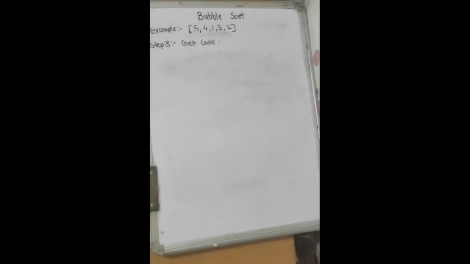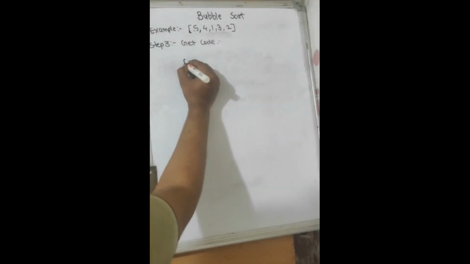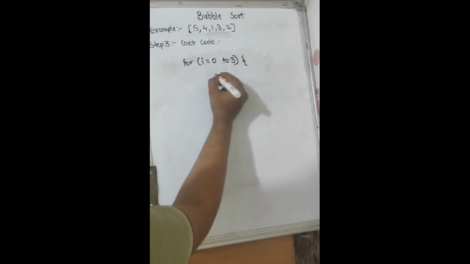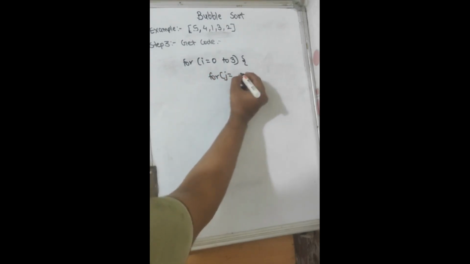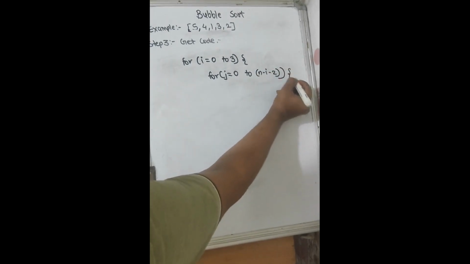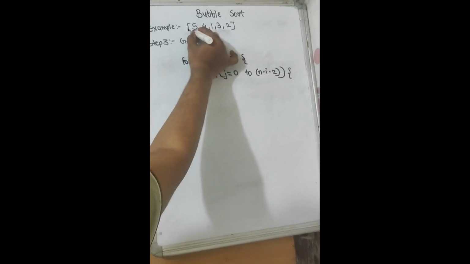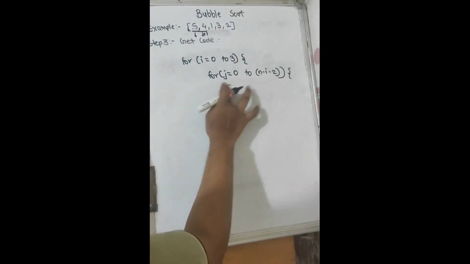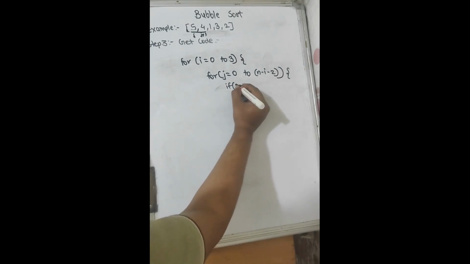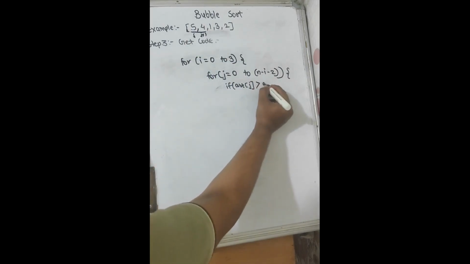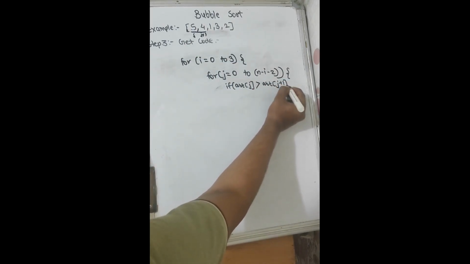Now in the last step, let's get the code. From limits we know that i will go from 0 till 3 and j will go from 0 till n minus i minus 2, and for these 2, that is j and j plus 1, if array of j, that is 5, is greater than array of j plus 1, that is 4.